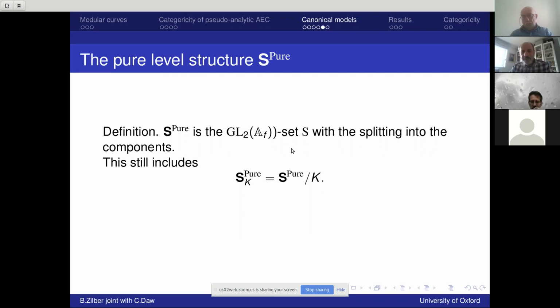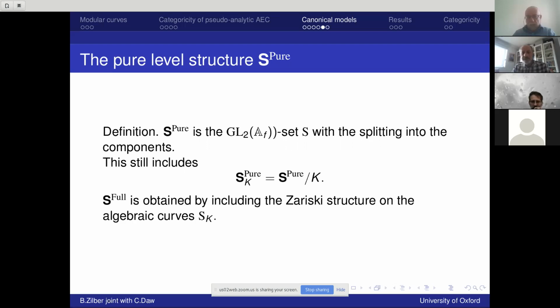In this setting, that is this very simple structure that we need to understand. Now, if you factor this structure, you go down to algebraic curves, and on algebraic curves you then also have a certain structure. This structure is essentially the structure of special sets with a little bit more on it.